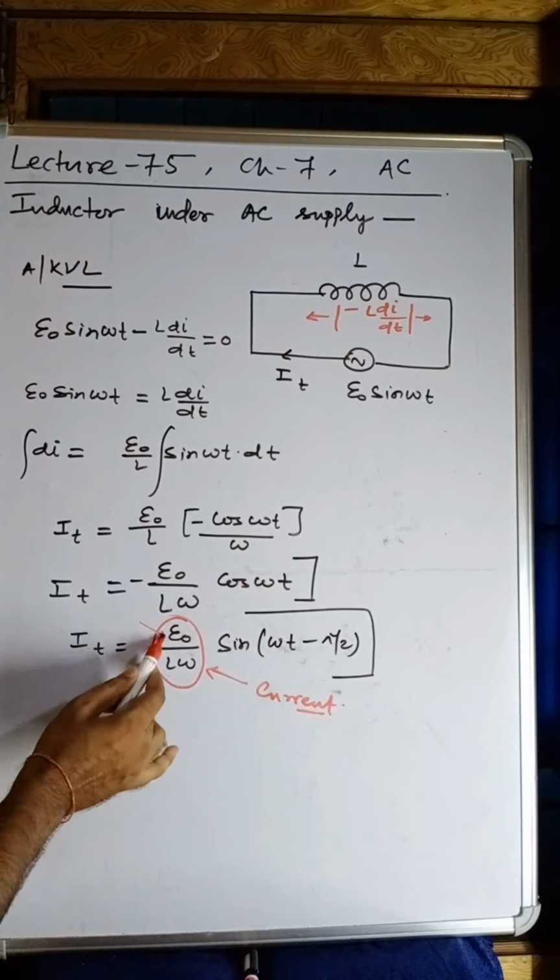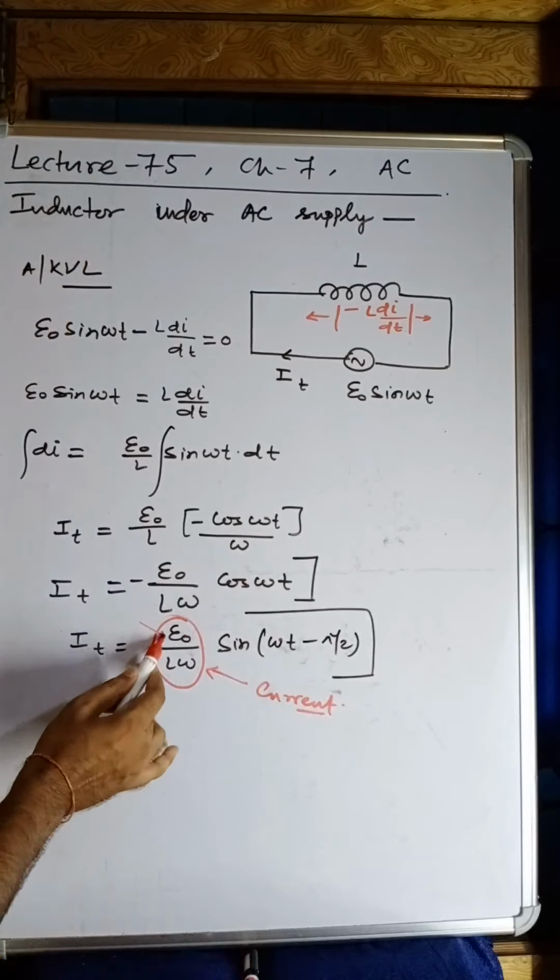Now we are going to discuss this equation for 2 or 3 points. Please keep this equation in your mind, it is very important. Later on I will discuss this equation also. I naught equals E naught by XL.